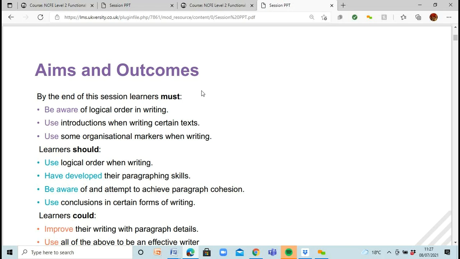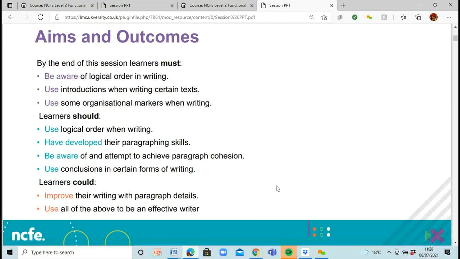You should have developed your paragraphing skills and be aware of and attempt to achieve paragraph cohesion. So make sure that it makes sense, and use conclusions within the paragraph. This could help you to improve your writing and to be an effective writer. All the points we're going to cover today should help you with your paragraph writing.